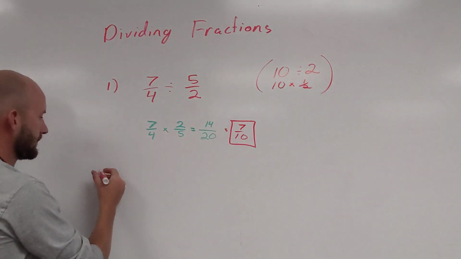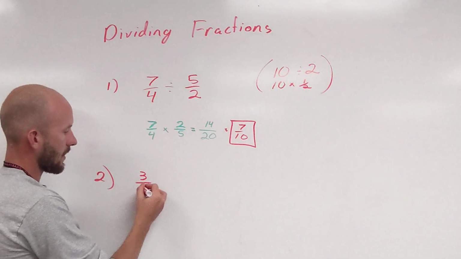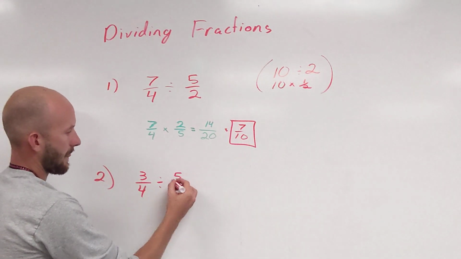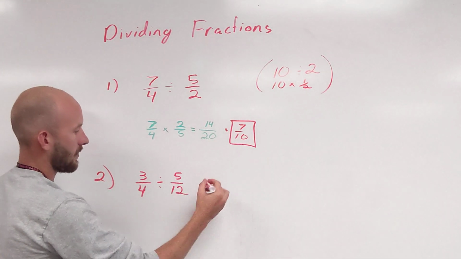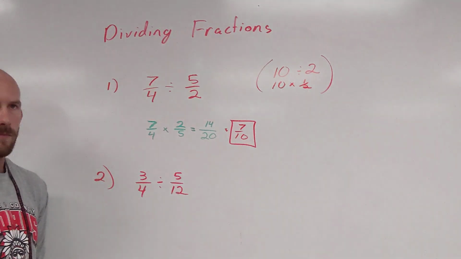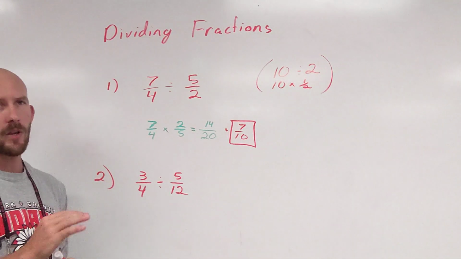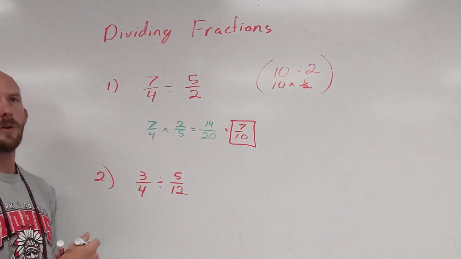All right, let's do another one. Let's say 3/4 divided by 5/12. Again, on your worksheet, I do want you to actually show this part. Even if you can skip it for now, just for today, show it later on.